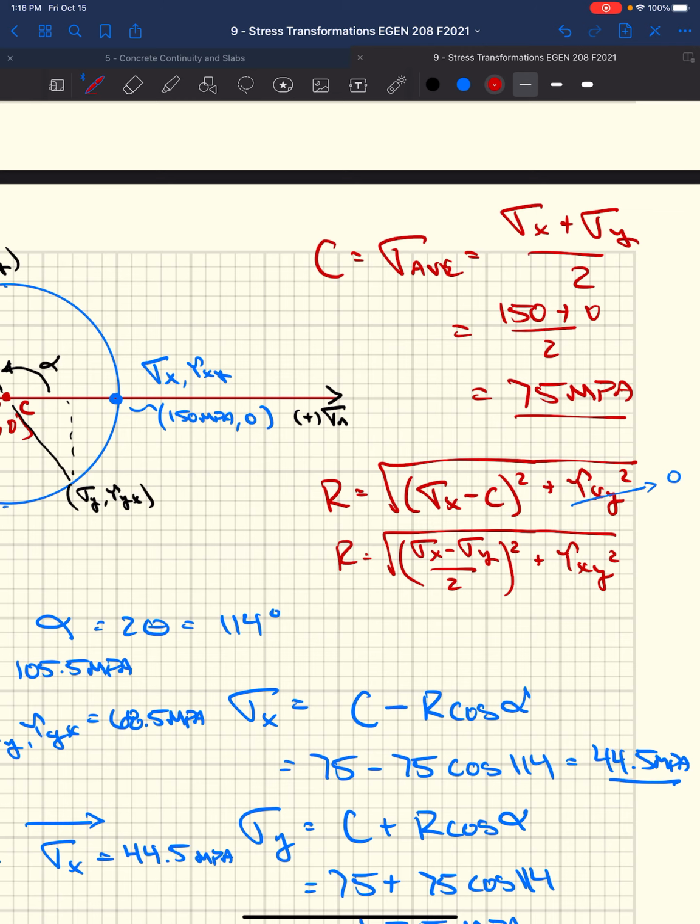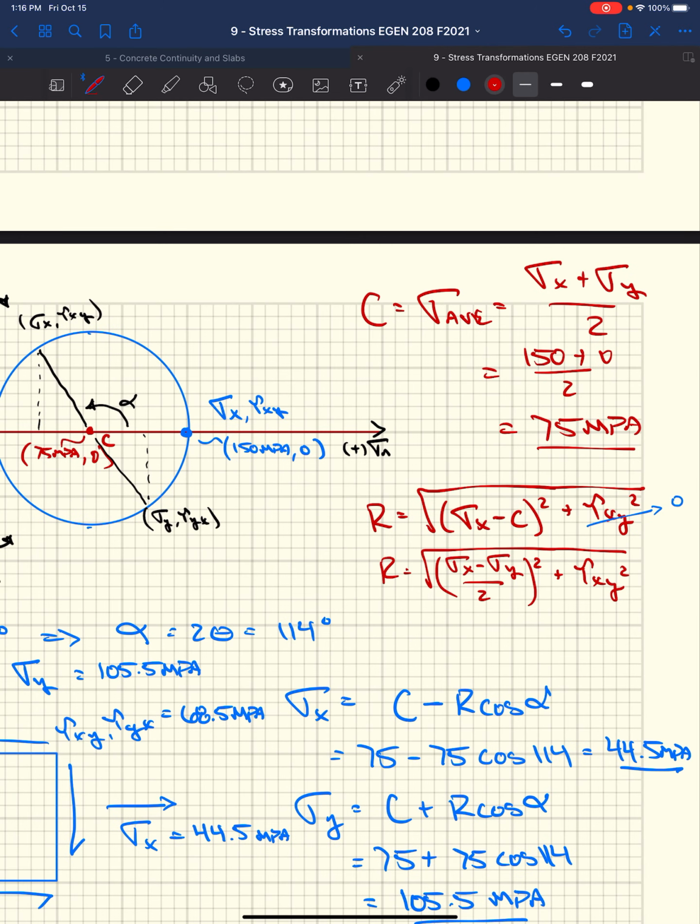Right? Square root of sum of the squares. So we can get the radius by either taking our normal stress on the x, subtracting the center. So that gives us our horizontal leg. We're going to square that. And then we're going to add in our vertical leg of our triangle in order to get our radius, right?